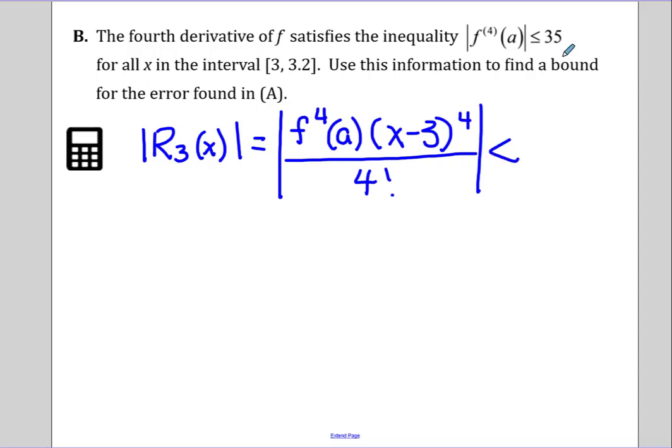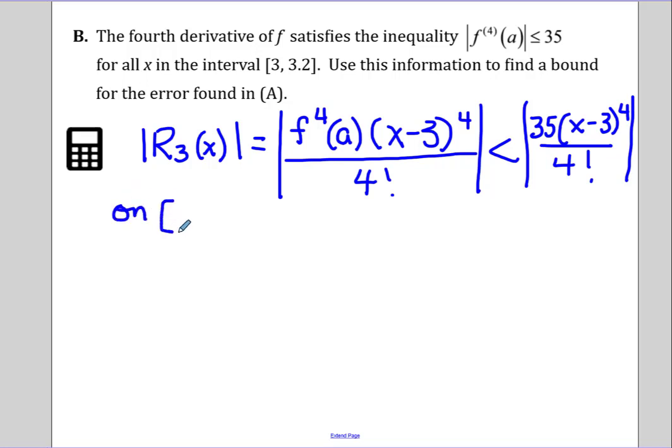And that's got to be less than, this is our maximum here, so 35 is the maximum, times x minus 3 to the fourth divided by 4 factorial, the absolute value, on the interval from 3 to 3.2.